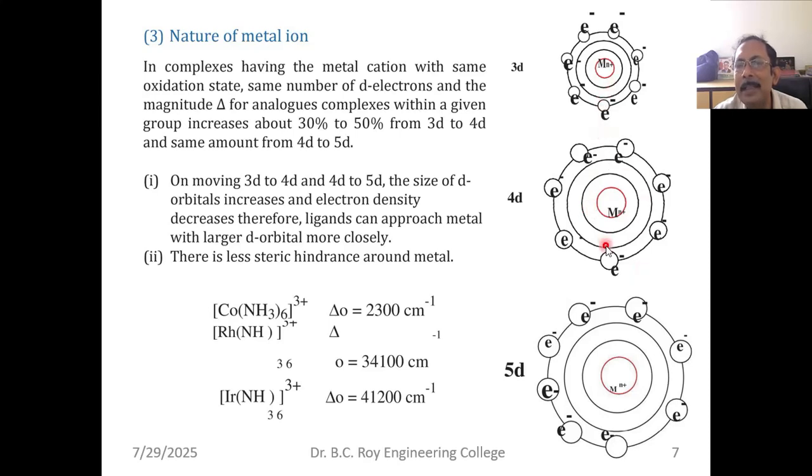Not only is the size increasing, but the number of protons in the nucleus is also increasing, and if you go from 3D to 4D to 5D, the shielding effect is getting reduced. You are getting poorer and poorer shielding, and that's why the interaction is becoming higher and the splitting energy is increasing.